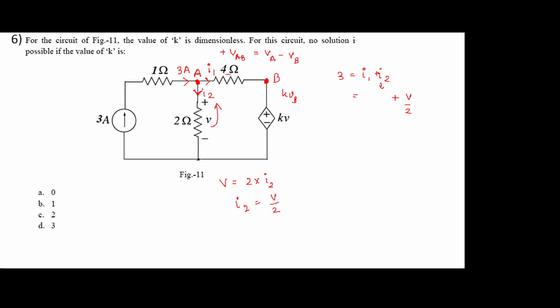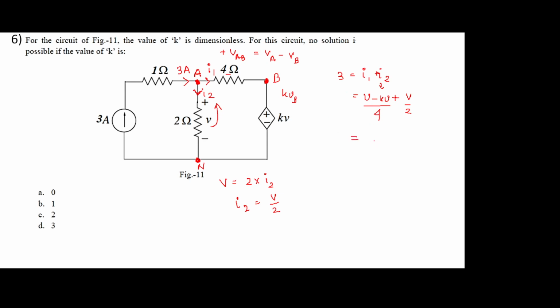Since this point is common, this is the neutral. So voltage at A is given by V. Voltage at B is given by KV. So minus KV by, what is the resistance? 4 ohm.